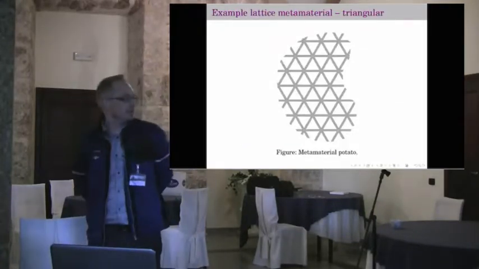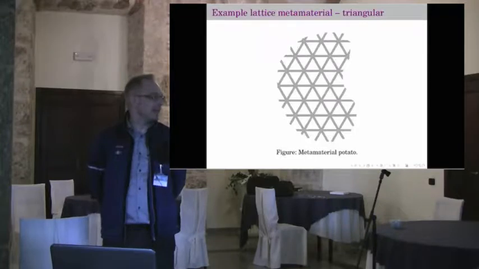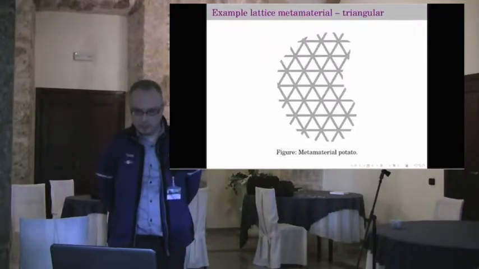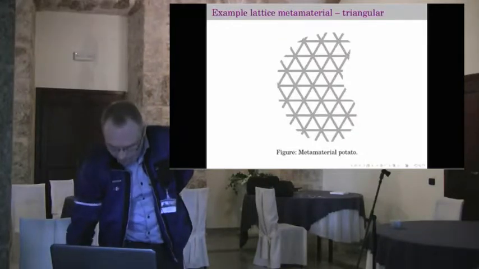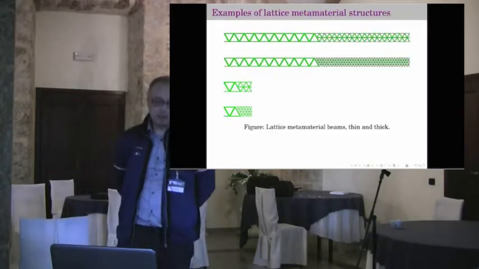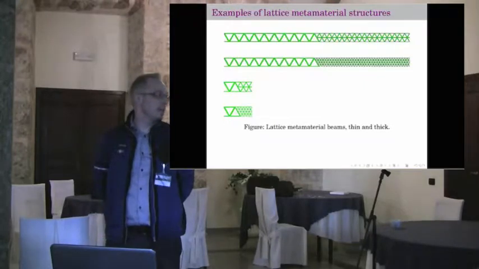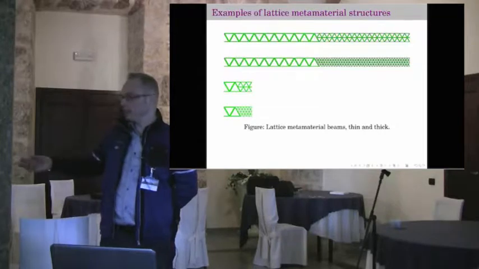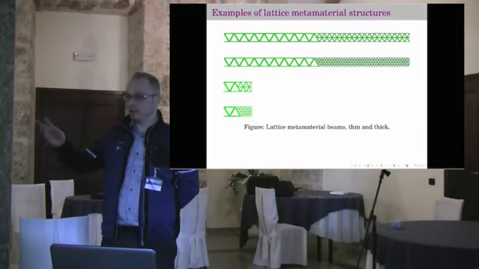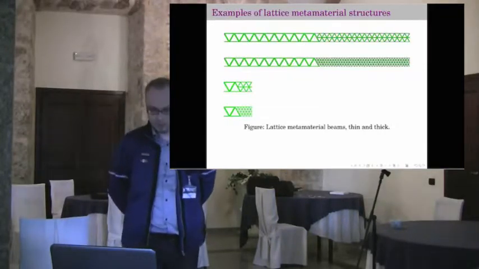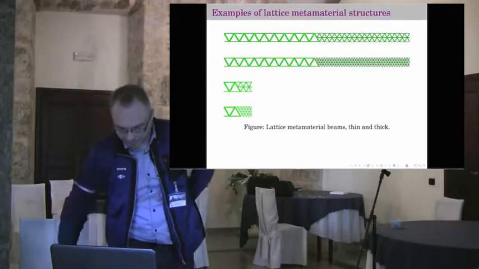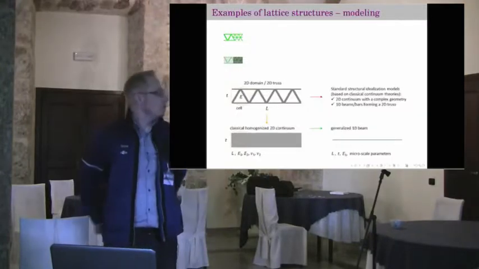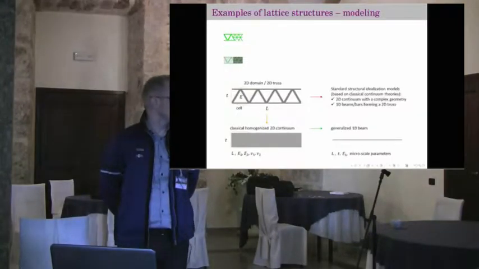And this is the first, let's say, metamaterial, a lattice, a bar structure. This is the first one that I'm using. Then we are going to make beams out of that metamaterial. And we claim that in bending, those behave like a first strain gradient material when we want to homogenize. And how do we homogenize or model?